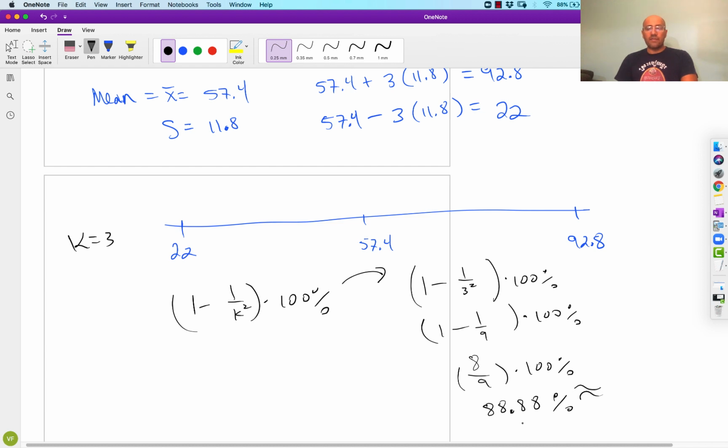Just to round it to the nearest whole number in this case, let's say about 89%. Okay, so Chebyshev says that we expect at least this percentage or more. Right, so it's not going to be exactly 89. It might not be close to it, but we're putting a lower bound on what we expect to see.